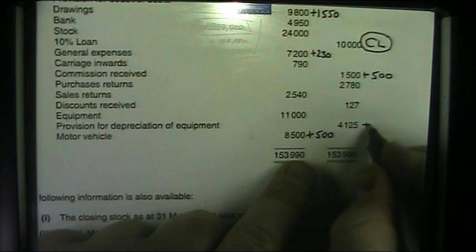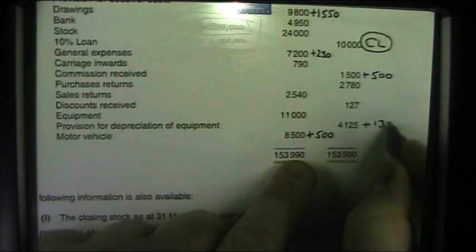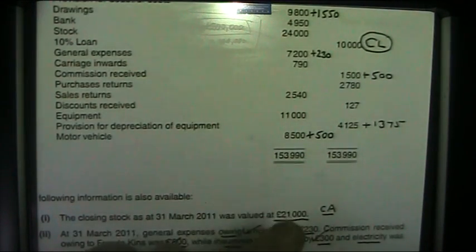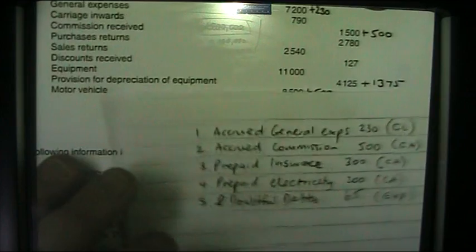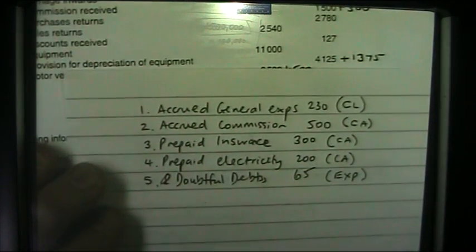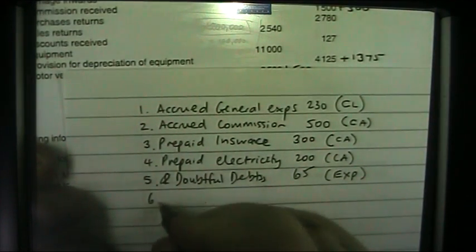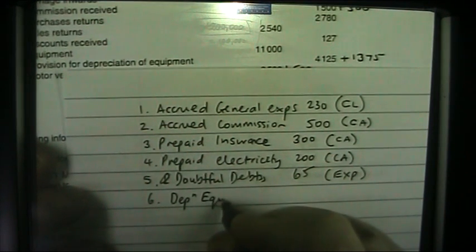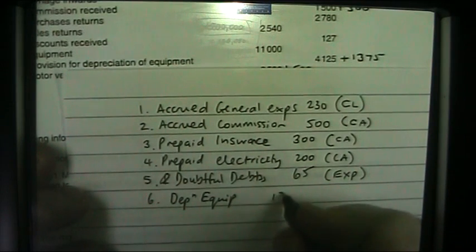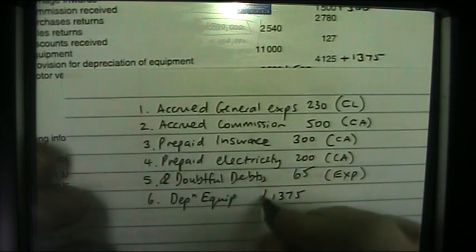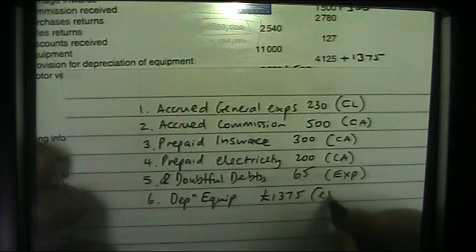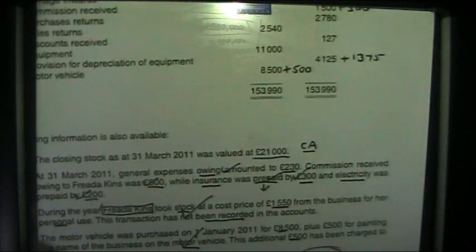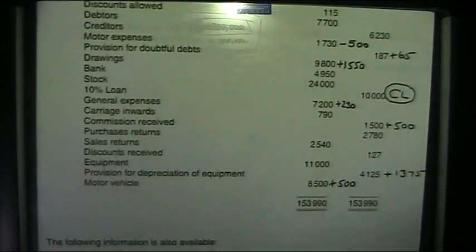So I need to add this year's depreciation to my P for D. All right. And remember, this year's depreciation is also an expense. So again, on my list of adjustments here, note number 6, I'll just put down depreciation on equipment for 1,375. And again, it is an expense. All right, got to put that in. All right. Now, we've done our depreciation on equipment.